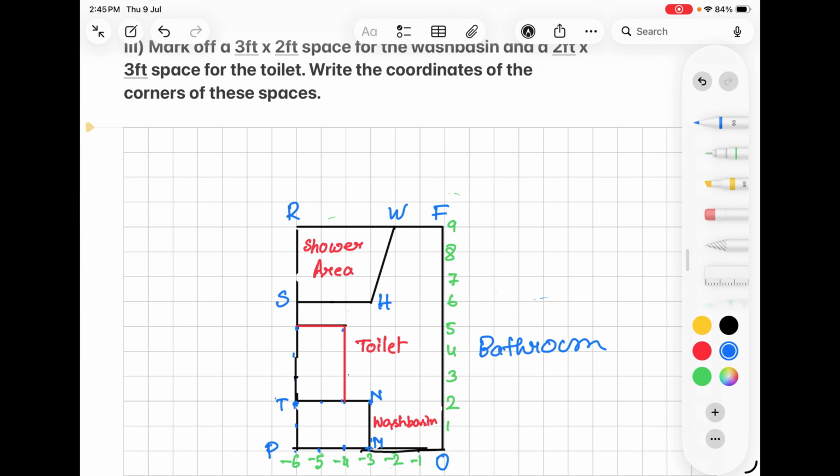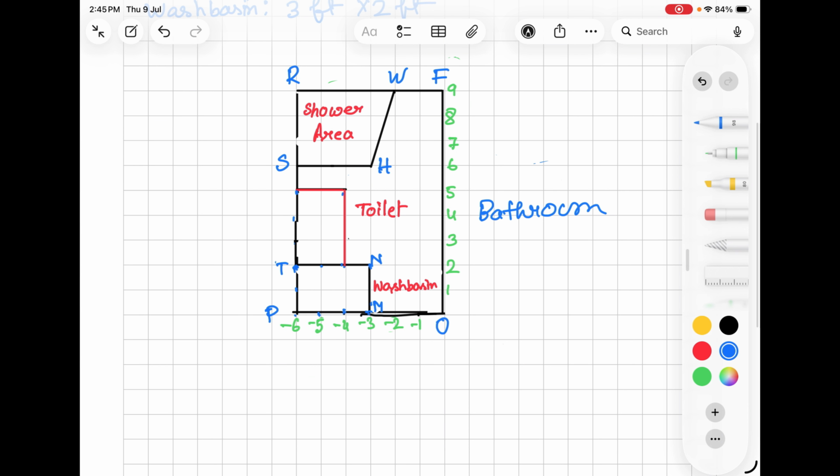So let's write for wash basin, 3 feet by 2 feet. What are the coordinates of the corners of the wash basin?